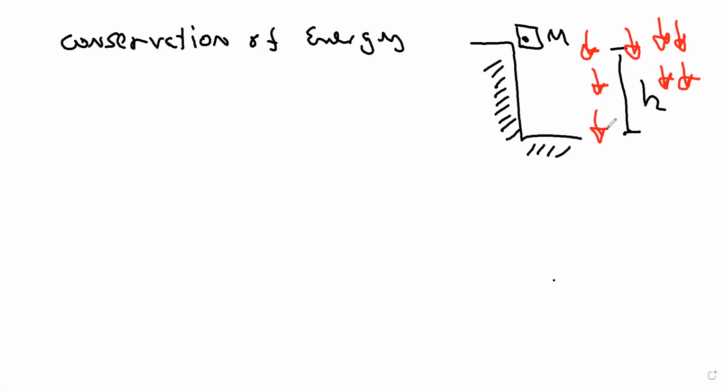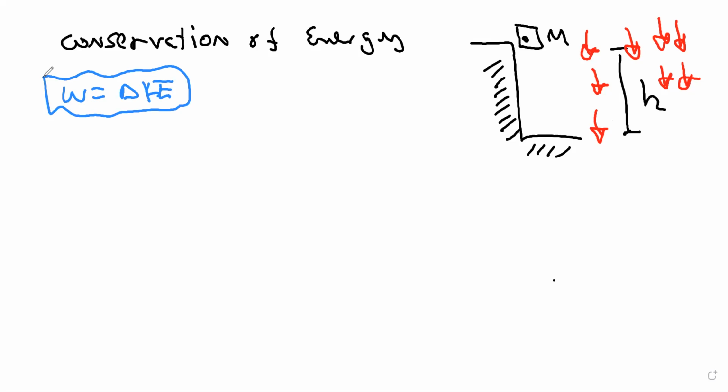Okay, so we know that the work energy theorem is delta kinetic energy, and this is the theorem of kinetic energy. Work is equal to the change in kinetic energy.